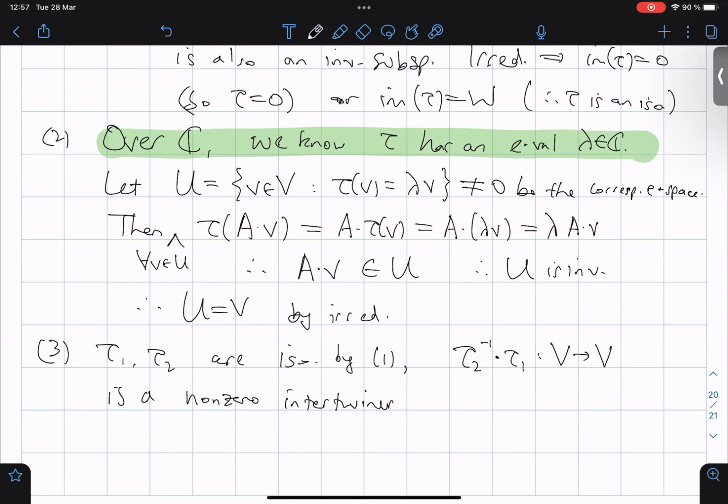So therefore, this is a multiple times the identity. So therefore tau1 is lambda tau2. Okay, and we're done.